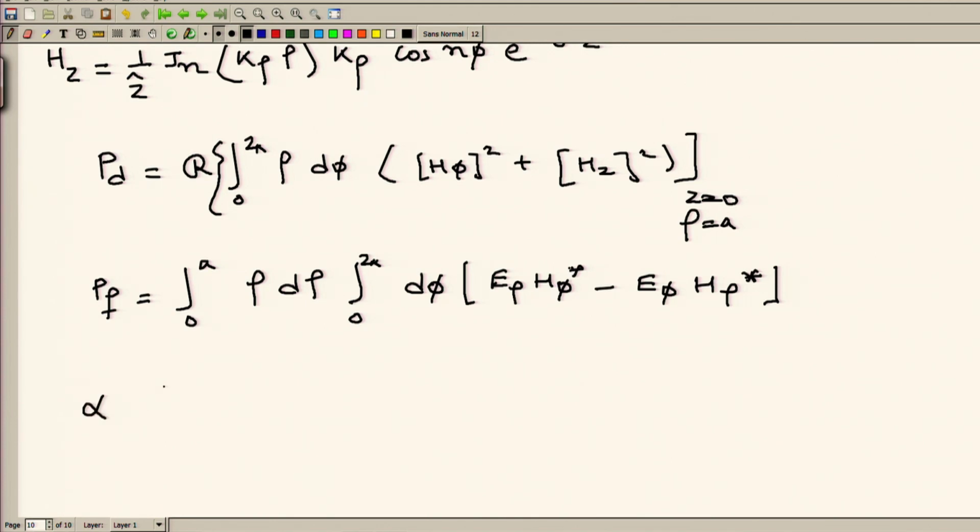H phi, H z, E rho and E phi are all known quantities. On substituting, we get the attenuation constant as the ratio P d upon 2 P f.